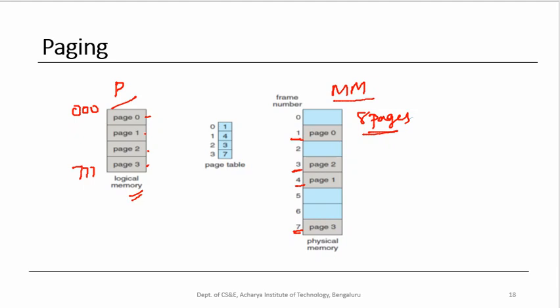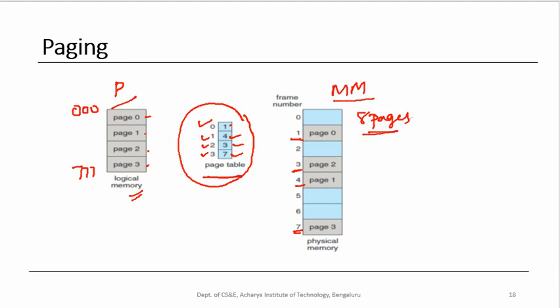Now what is the entry made in the page table? Page 0 of the process is kept in frame 1. That is what is stored in the page table against the page number. Page 1 is stored in frame number 4, page 2 is stored in frame number 3, and page 3 is stored in frame number 7. This is what is stored in the page table, and the page table is also present in the main memory.